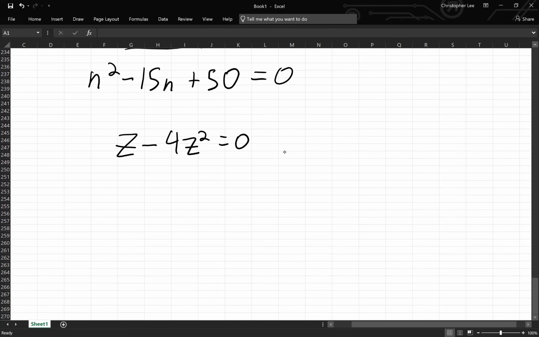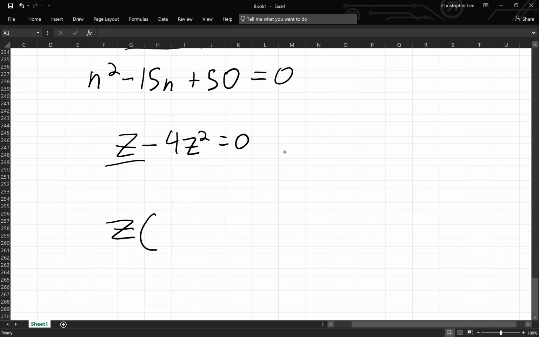Greatest common factor out, Z. So this is what? What's left over? Let's try that again. Greatest common factor is Z. So what's left over?